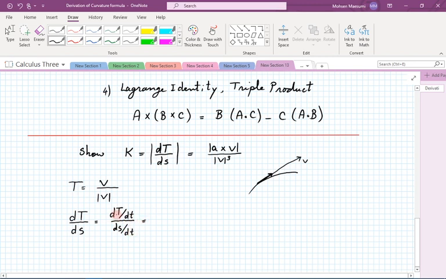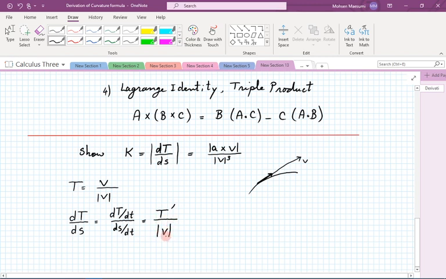Well, derivative with respect to time, we are going to adopt a notation of referring to it as T prime. Derivative of arc length with respect to time, so rate of change of distance over time, is just speed. Speed is absolute value of velocity.